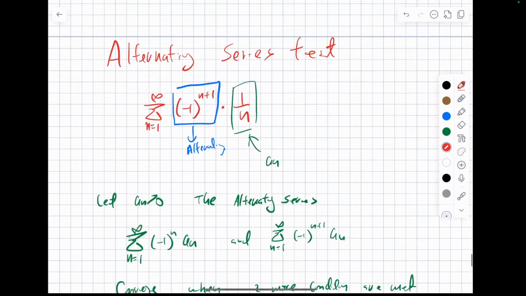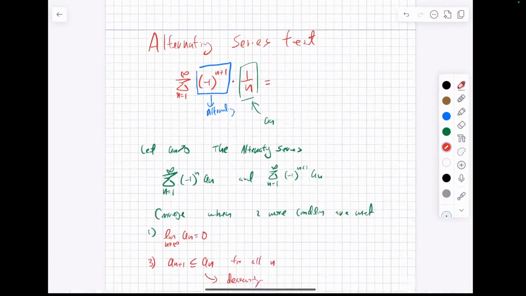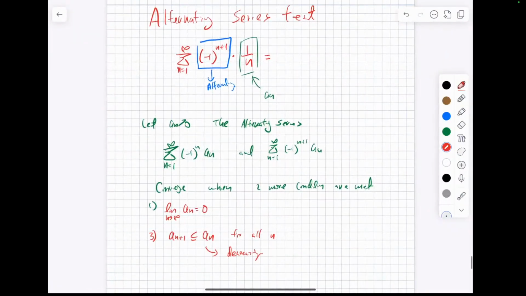Now we're going to do it to this one. The third condition is a sub n plus 1 is less than a sub n, which is decreasing. Okay, so we're going to test this one, see if it's true. First condition, is this alternating? So we're going to say A, check.